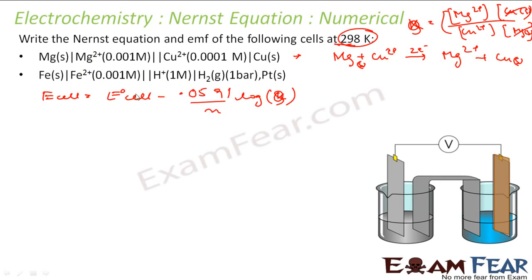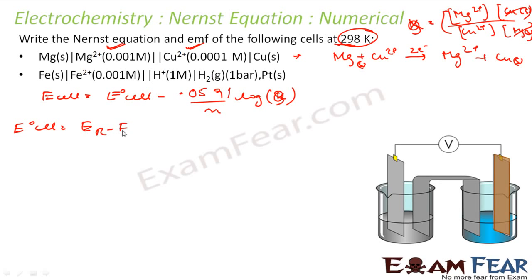And E naught cell we can actually find. E naught cell for this reaction is nothing but E right minus E left, that is E naught for copper 2 plus to copper minus E naught of Mg2 plus to Mg.